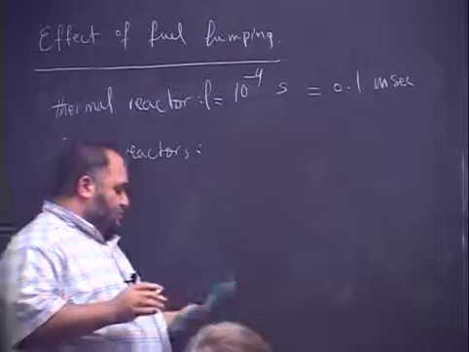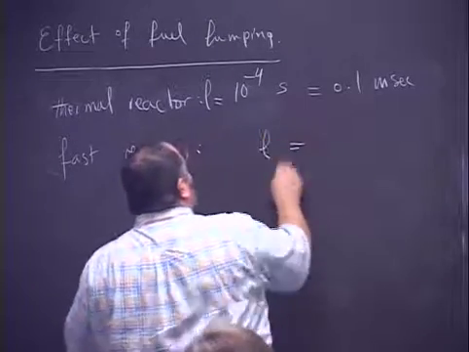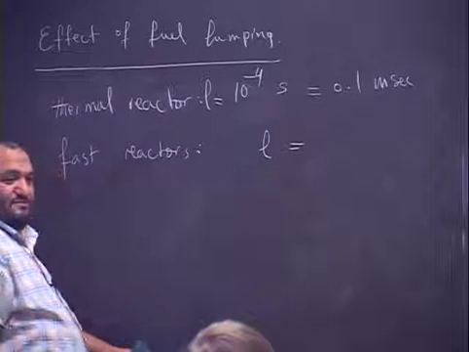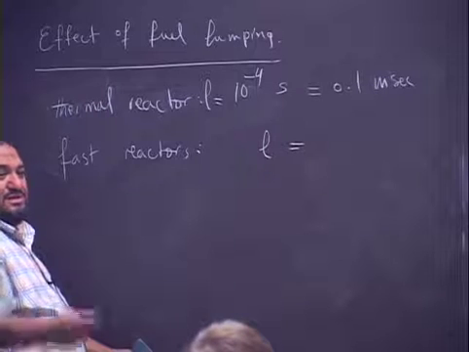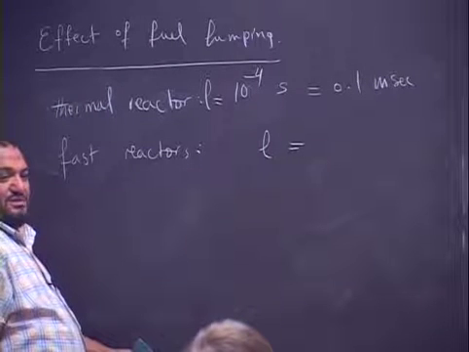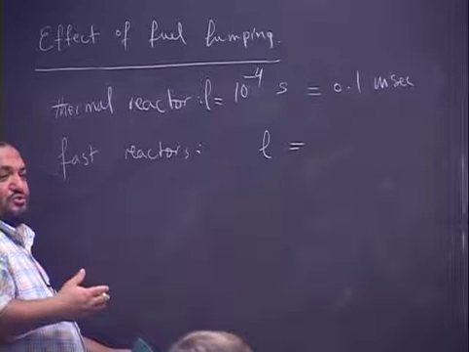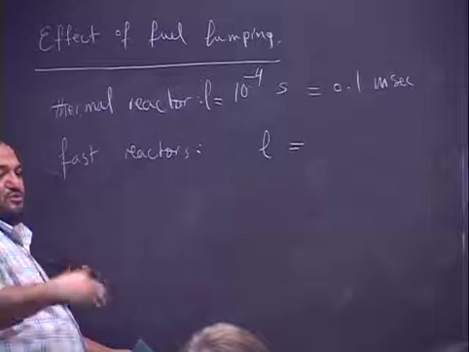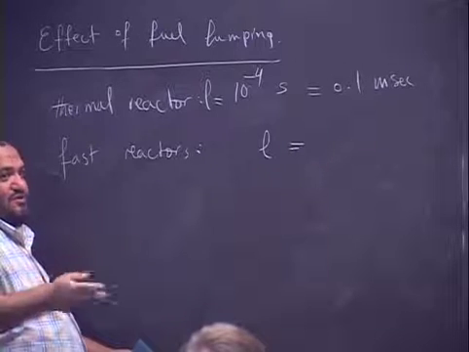Okay, so what about fast reactors? What do you expect? Shorter or longer? Shorter. Why shorter? It's fast, all fast neutrons. Yes, in fast reactors we do not allow the neutrons to thermalize and become thermal. They will just induce the fission at 100 kiloelectron volts, which is 10 to the power of 5 times higher in energy.